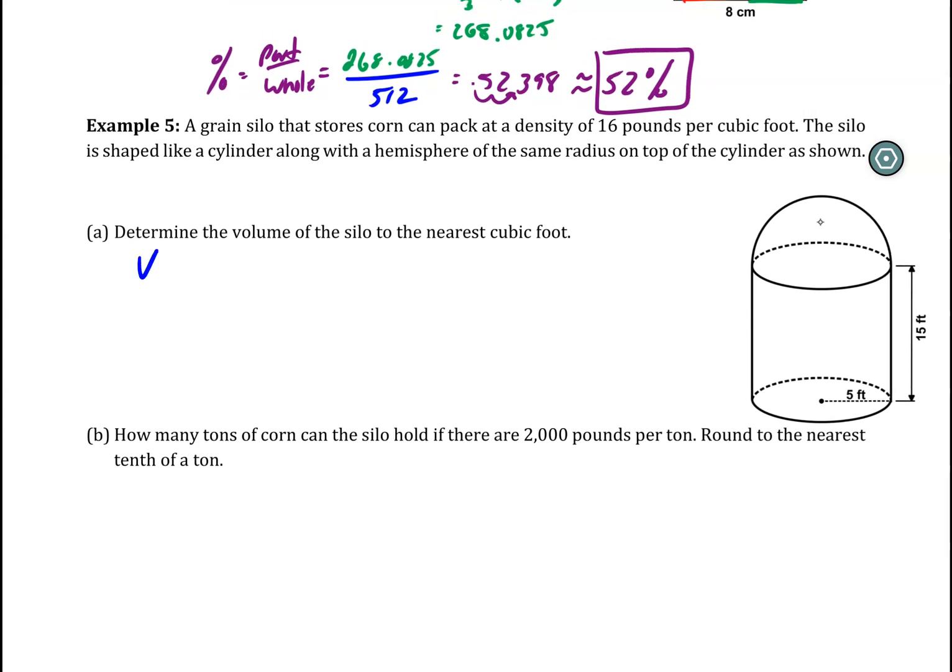So first, let's do the volume of the silo is going to equal the volume of the hemisphere plus the volume of the cylinder. I'm just going to abbreviate so we keep our information there. All right, so let's do the hemisphere first.